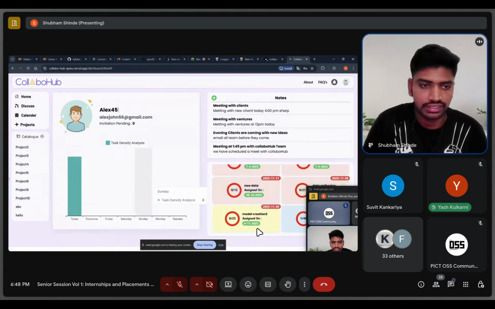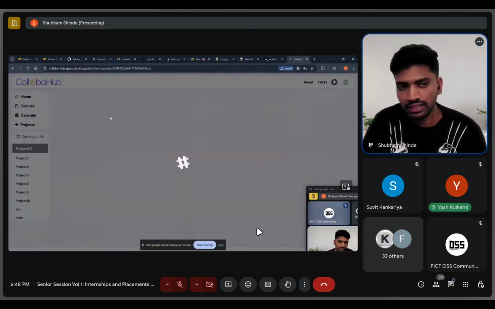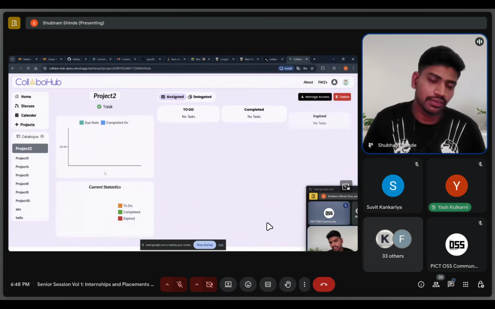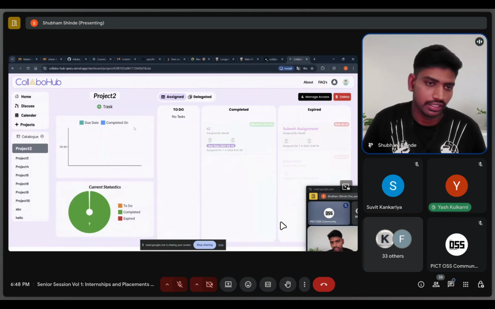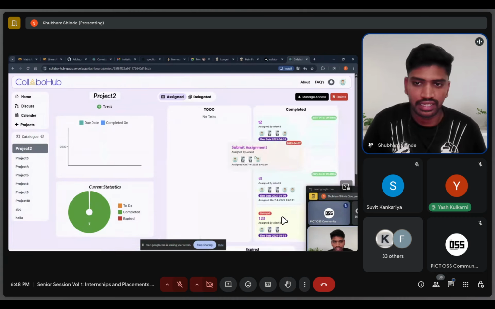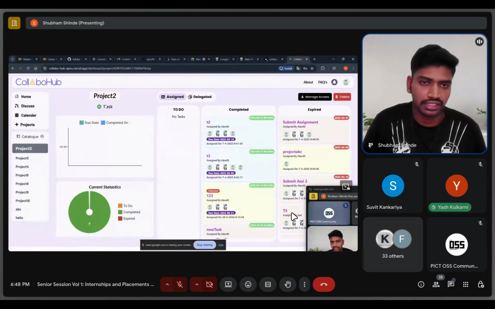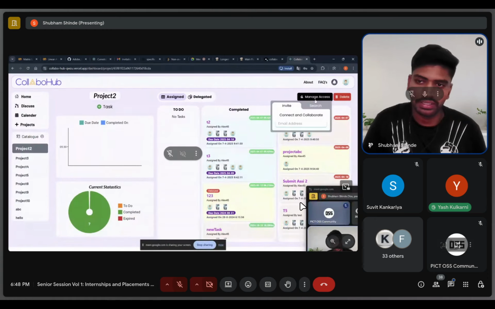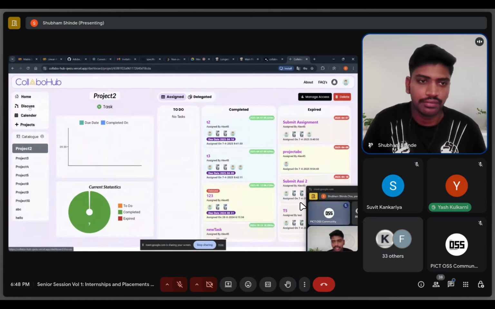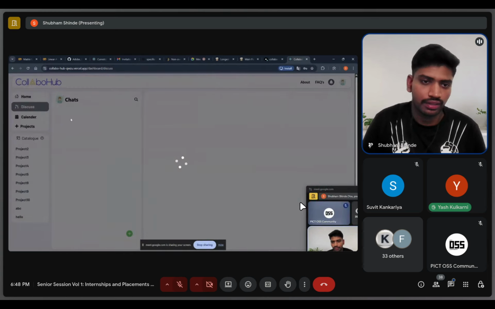So this is the project I have built, and I learned a lot of things while building it. It has multiple tasks, like you can drag and drop or add a task, and role-based access management and all. You can even have a chatting platform where you can chat.